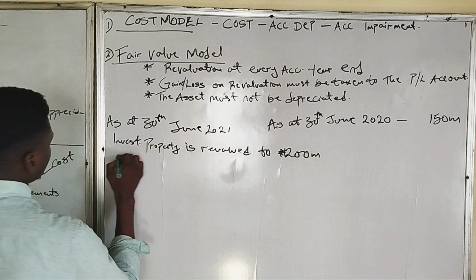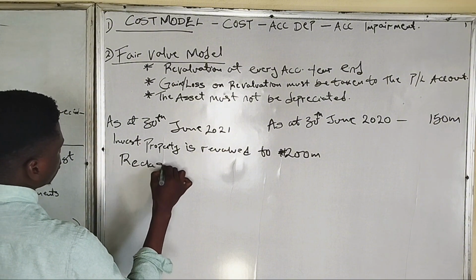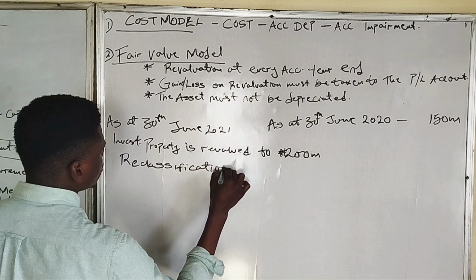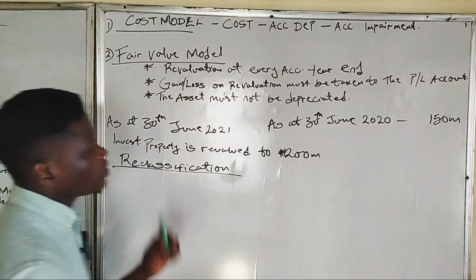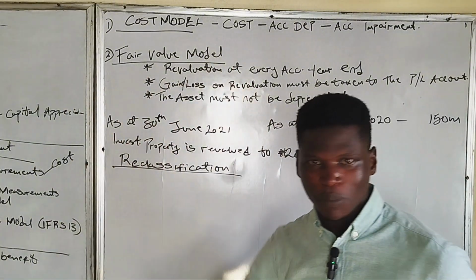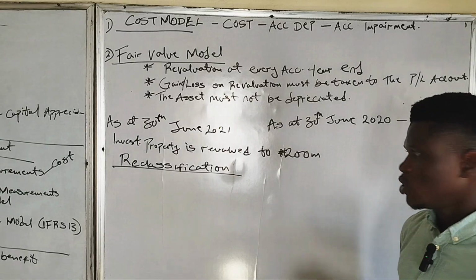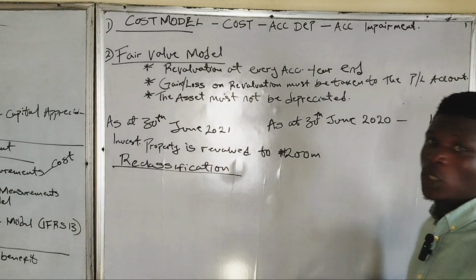Reclassification now. They said assets which had been previously recognized as investment property, meaning that we are using this building for rental purpose, but we want to change it from rental purpose to using it for the company.